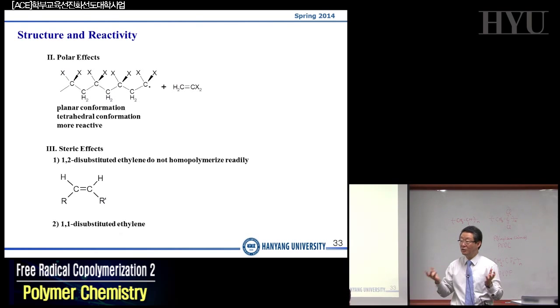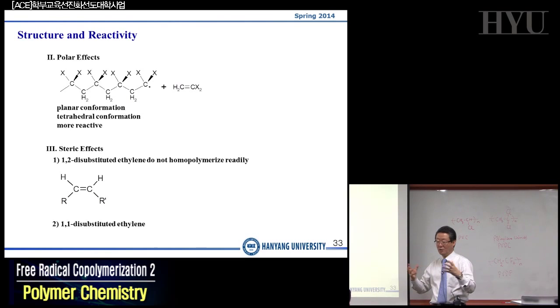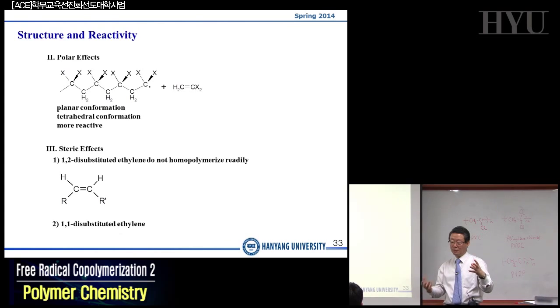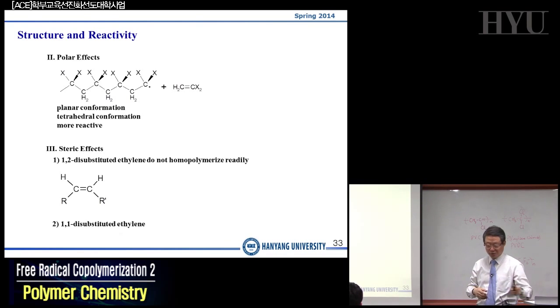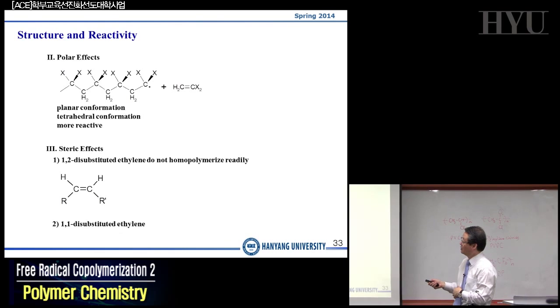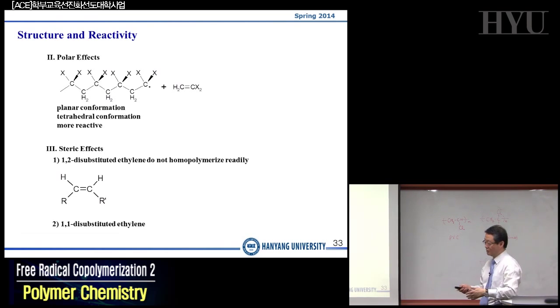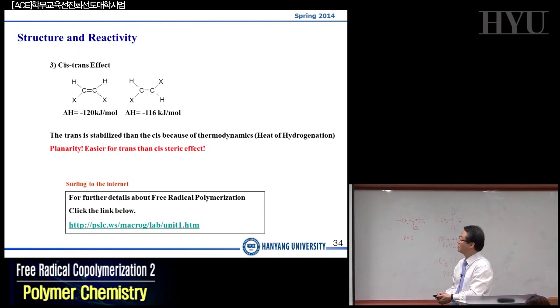Okay? The reactivity is due to the static effect because the radical could be attacked by the hindered positions. If you have a planar structure, it's much more reactive. If you have a much more flexible or kinked conformation, then the reactivity goes down. That's what we can say about the static effect.